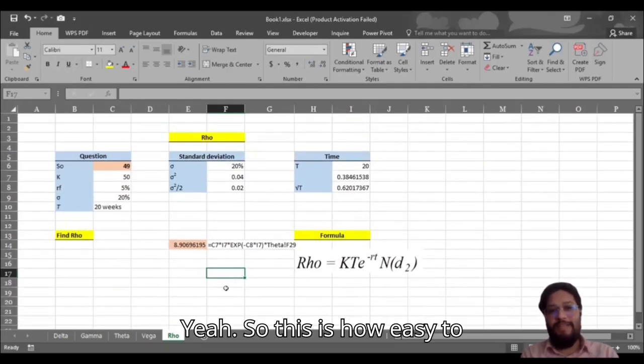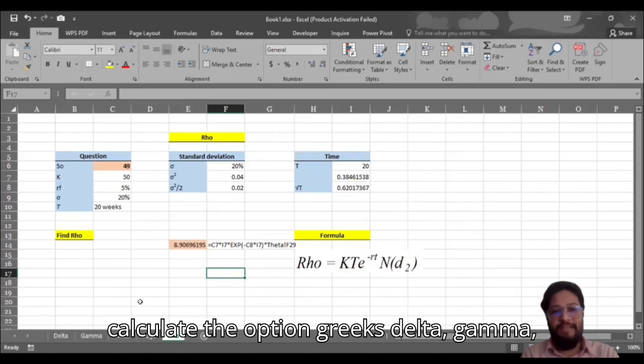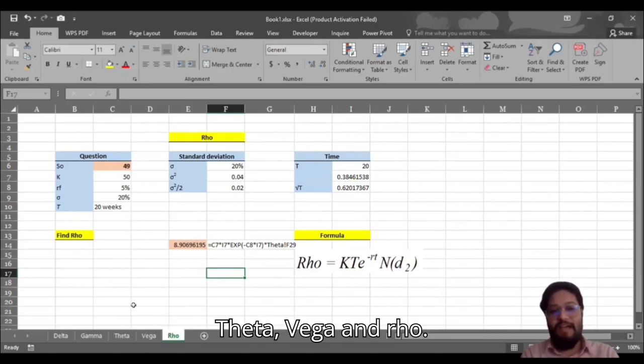So this is how easy it is to calculate the option Greeks: delta, gamma, theta, vega, and Rho.